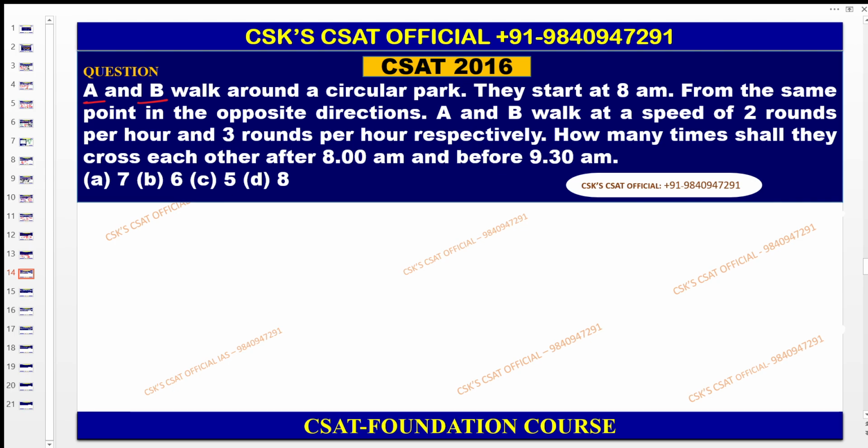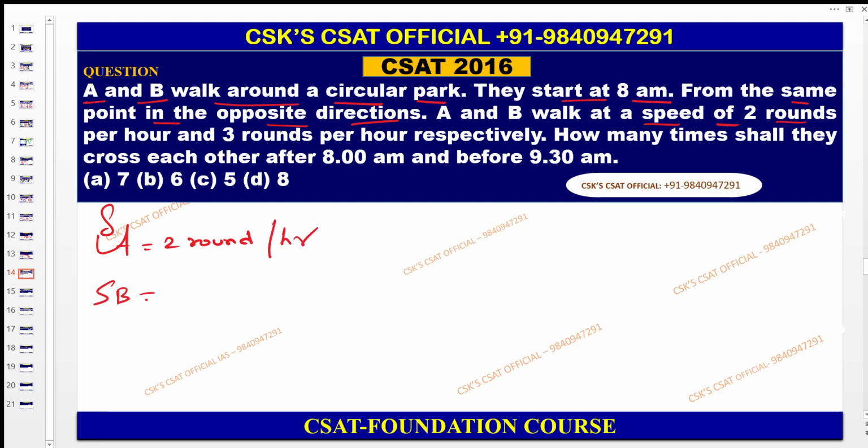A and B walk around a circular park. They start at 8 a.m. from the same point in the opposite direction. The speed of A is 2 rounds per hour.